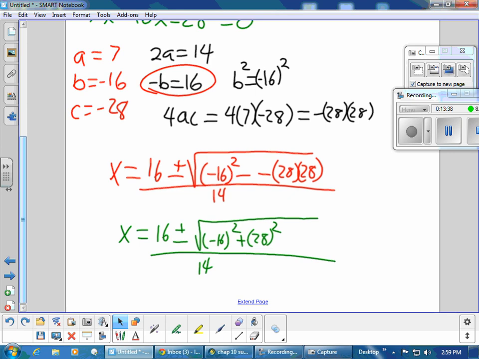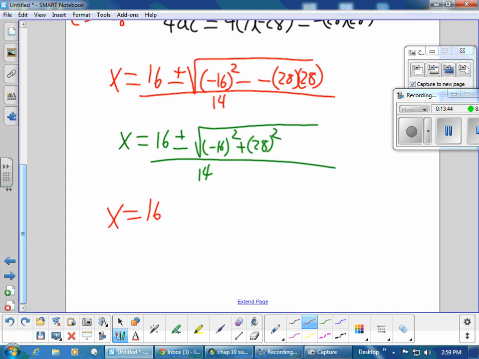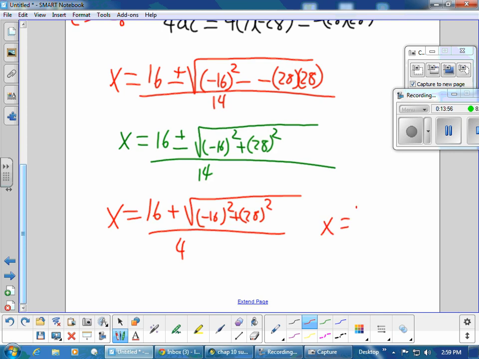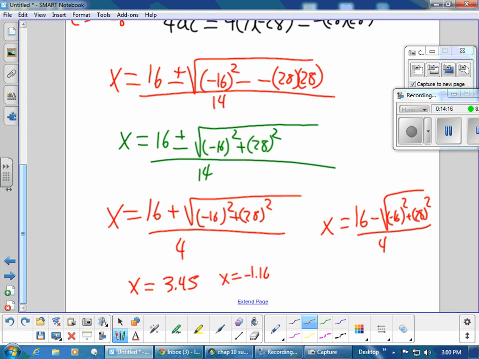So x equals 16 plus the square root of that over 14, or x equals 16 minus the square root of that over 14. The answers are x equals 3.45, and the other one is negative 1.16. Make sure you know how to do these questions.